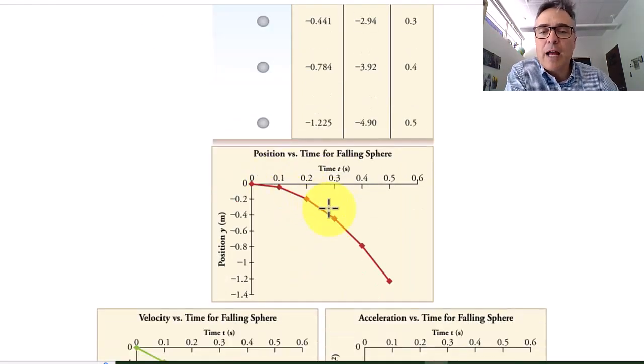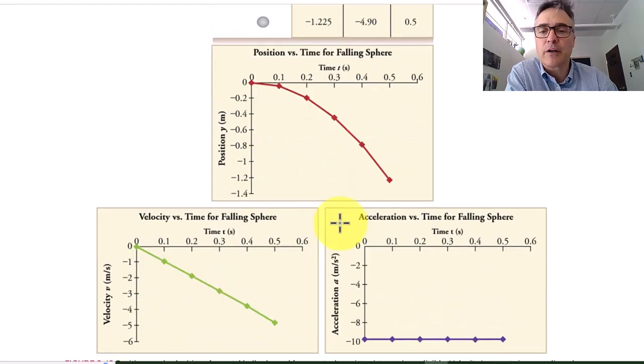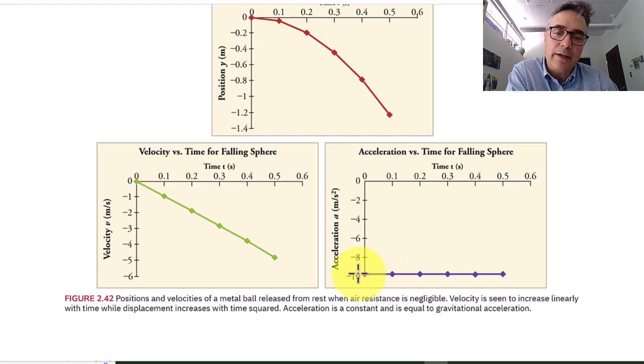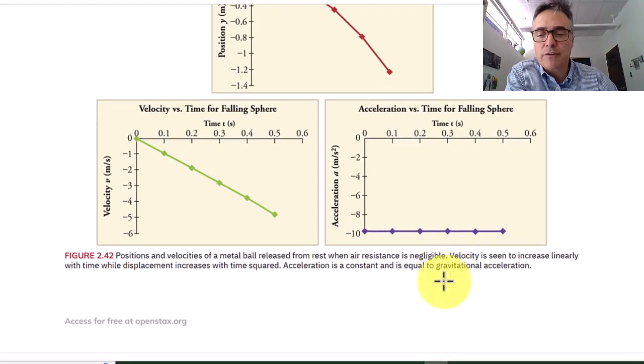And so if you were to graph that, you actually get a curved graph of position on the vertical axis, downwards, versus time for the falling sphere. But you get a straight line for velocity versus time. And you just get no line at all, just a negative 9.8 constant for acceleration versus time.